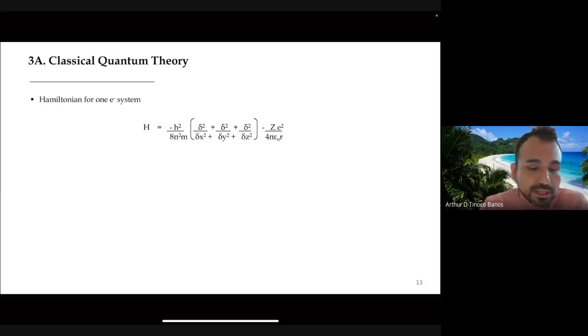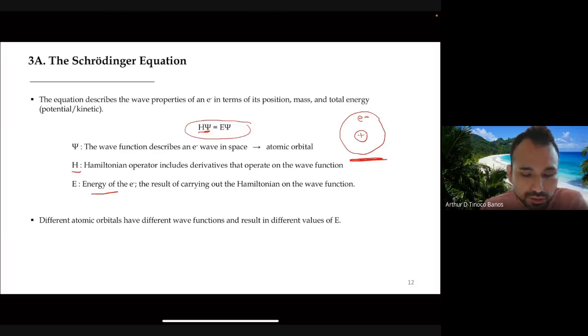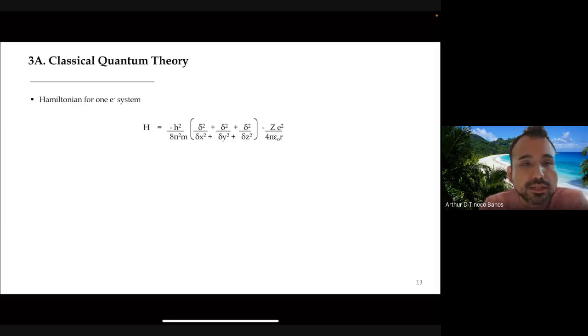All right, so in order to explore this more closely, what we're going to look at is the Hamiltonian, that function for a one electron system. Again, here we're looking at this simple model of one electron with respect to the nucleus.